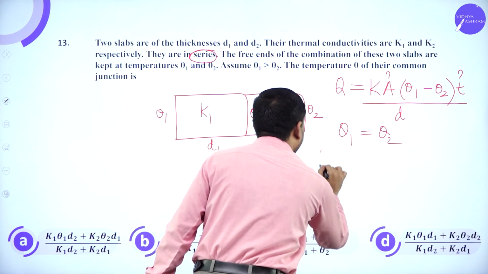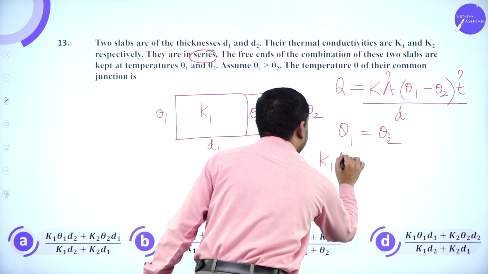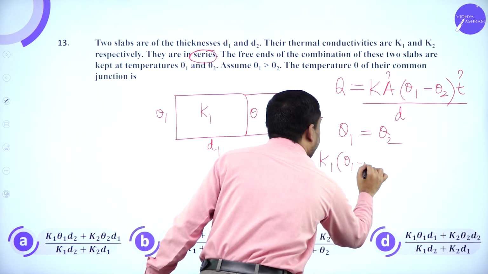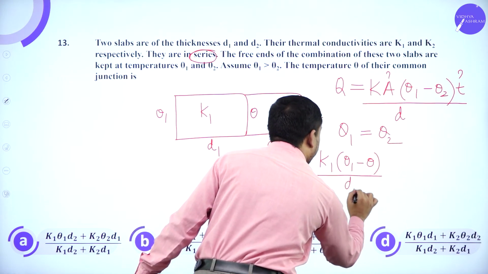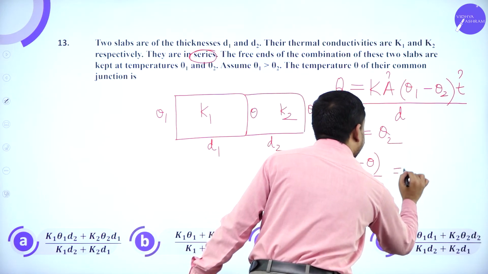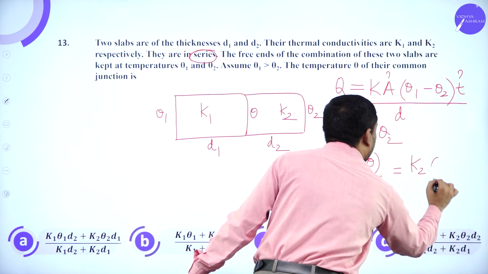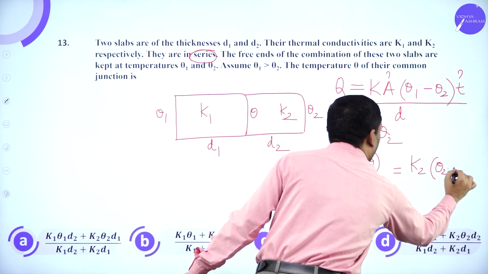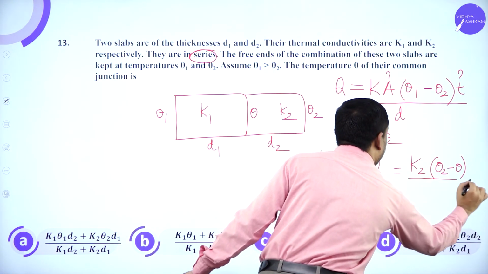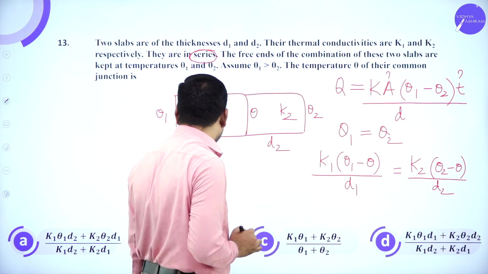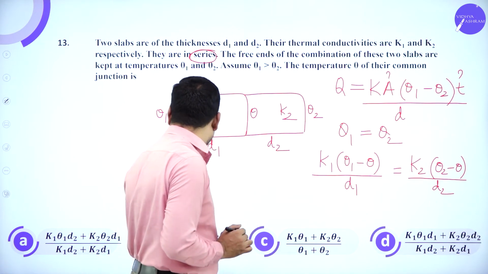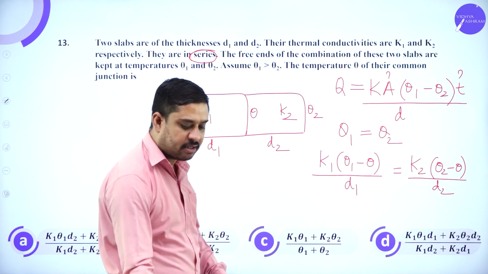So here it will be K1 (theta 1 minus theta) divided by D1 equals K2 (theta 2 minus theta) divided by D2. And when you simplify, we get the first option as the answer.